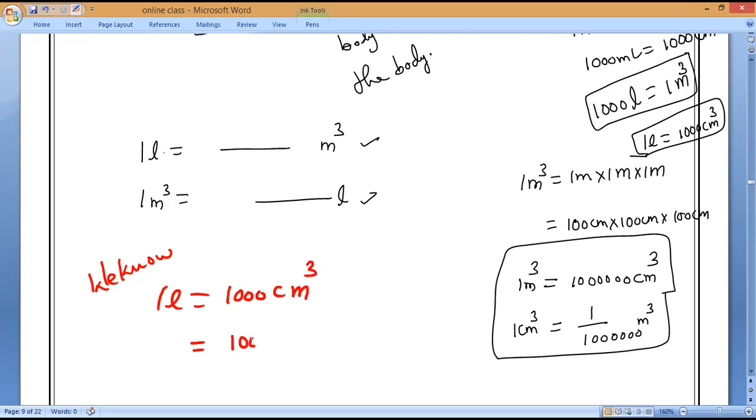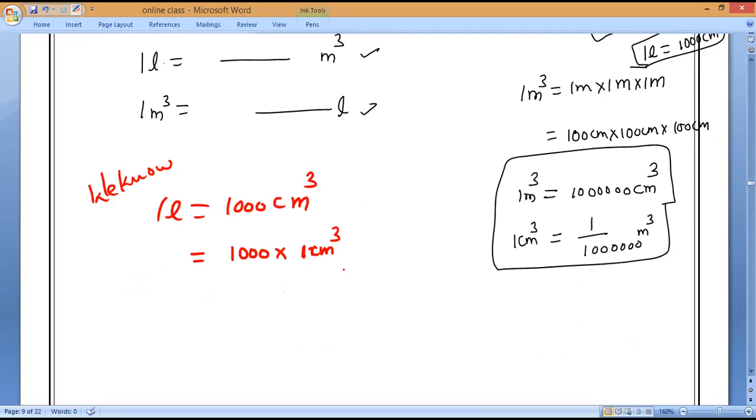Now, can I write this as 1000 into 1 cubic centimeter? Yes, sir. Now, in place of 1 cubic centimeter, I want cubic meter. So, 1000 into 1 cubic centimeter means 1000 by 10 lakh cubic meter. Is it right or wrong?